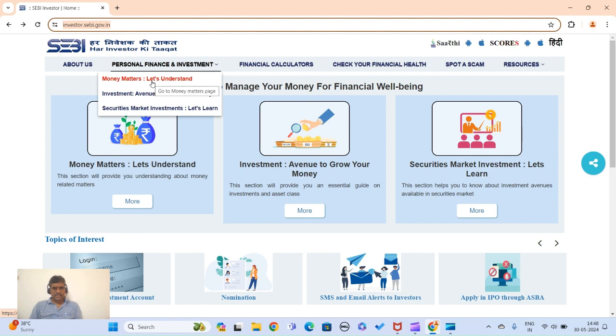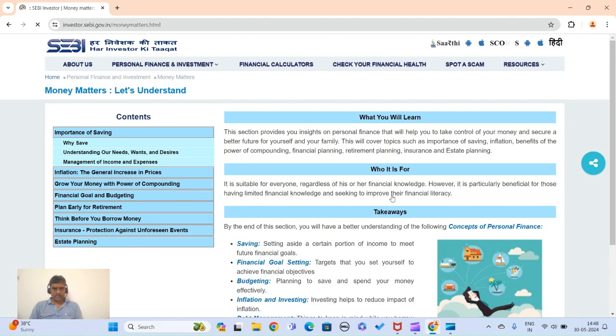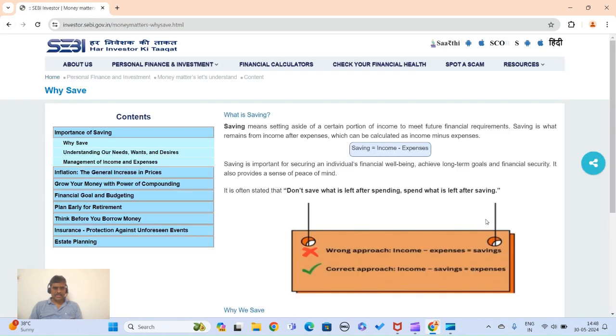On money matters, if you click on that, you'll get why save money, understanding what is money, all of these. Financial goals, inflation, because people might not understand what inflation is, particularly if you are a techie.